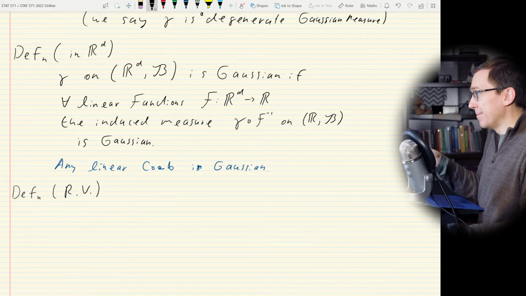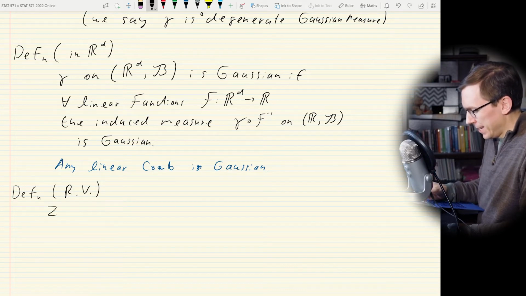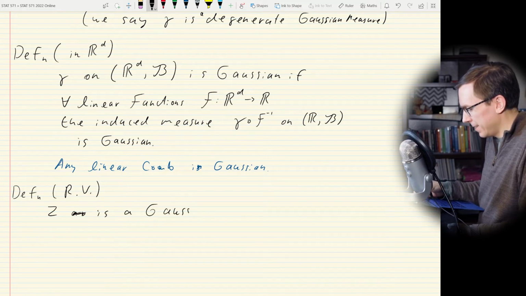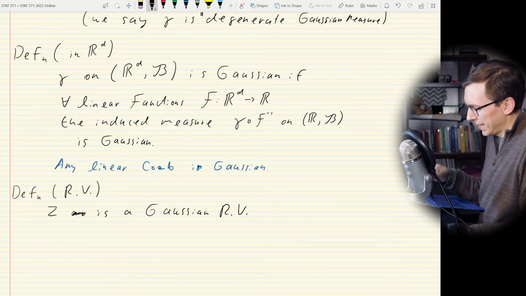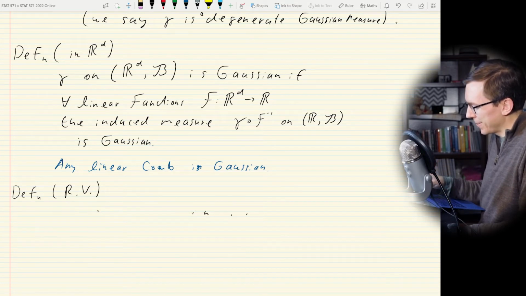RV. So Z is a Gaussian random variable, RV. Actually, why don't I write it like I had it written better in my notes here.